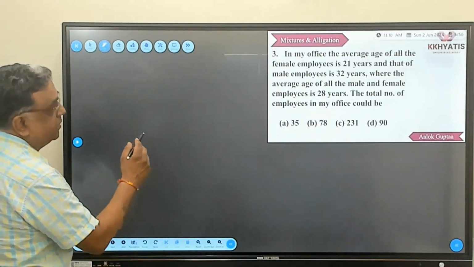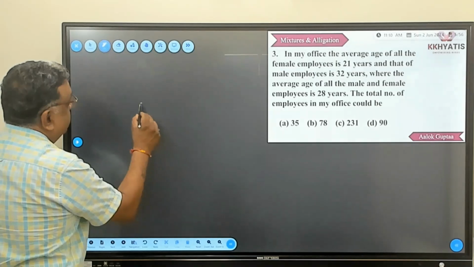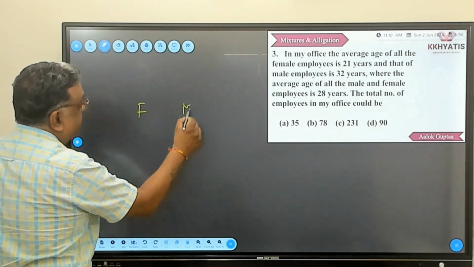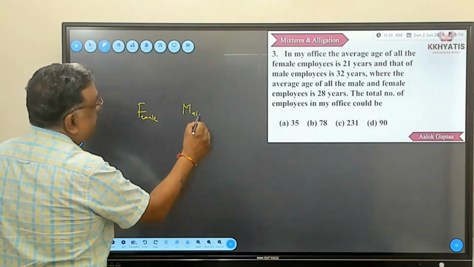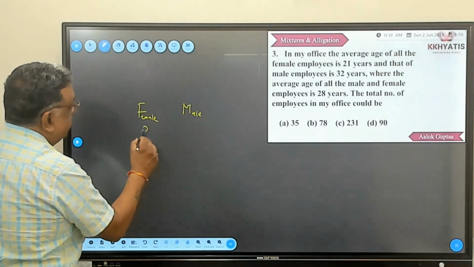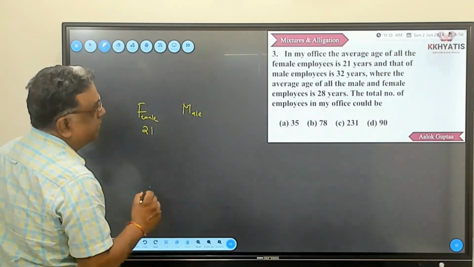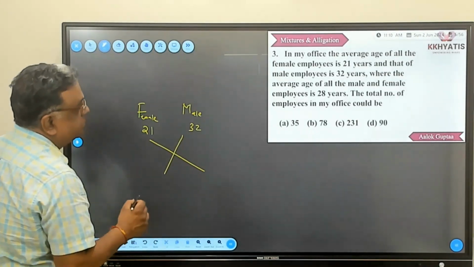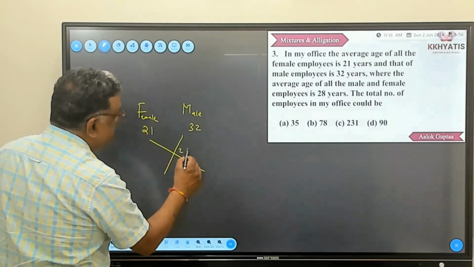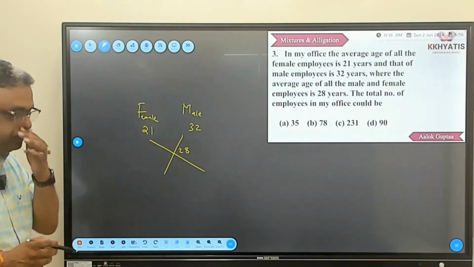So I have female employees and I have male employees. Female employees average age is 21, male employees average age is 32, and both mixed together average age is 28. Correct?